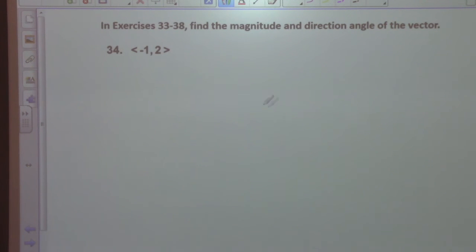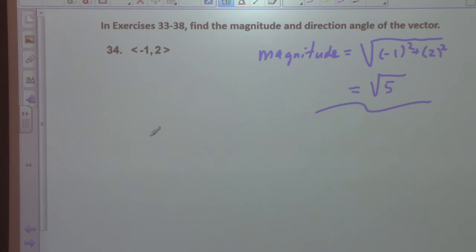I got square root of 5 for the magnitude. So you got negative 1 squared plus 2 squared equals square root of 5. Okay, good. So that's your magnitude.